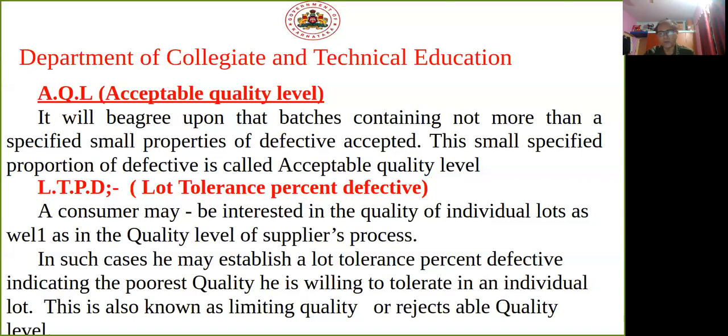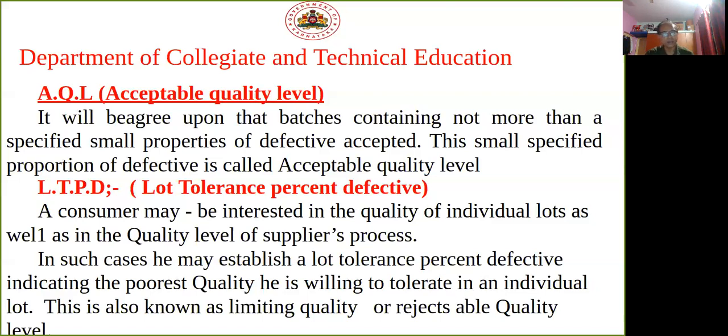By considering both the quality of the individual lot and the quality level of the supplier's process, he is going to establish a lot tolerance percentage defective, indicating the poorest quality that he is willing to tolerate.